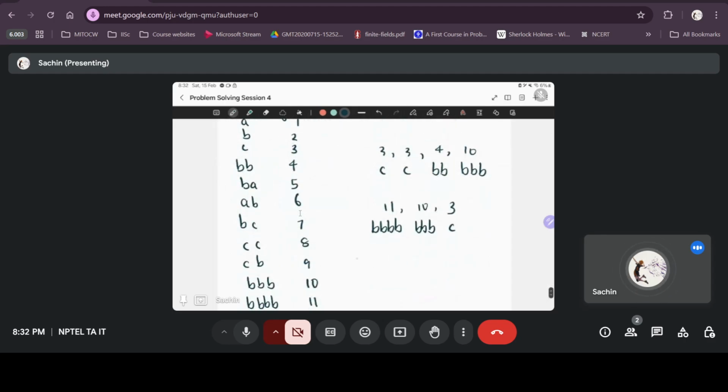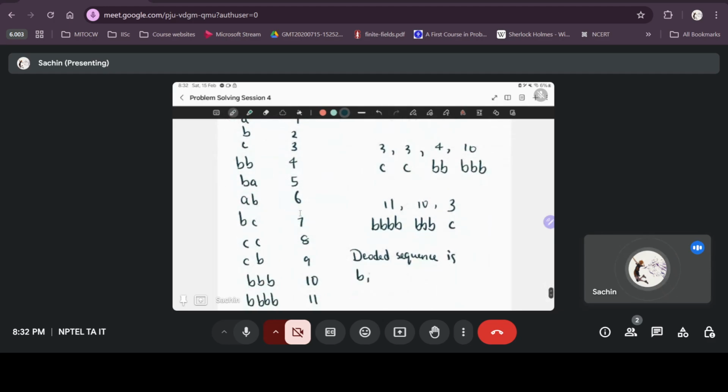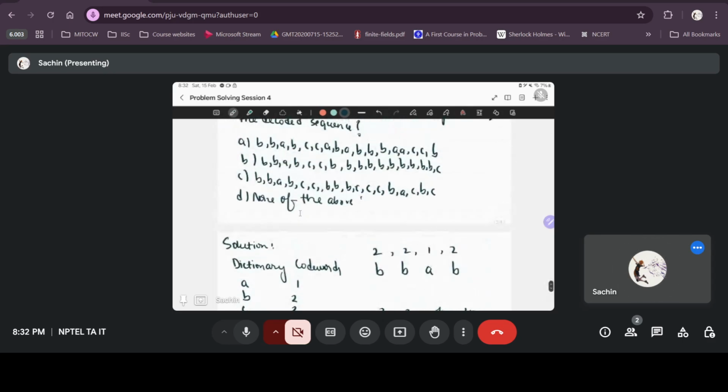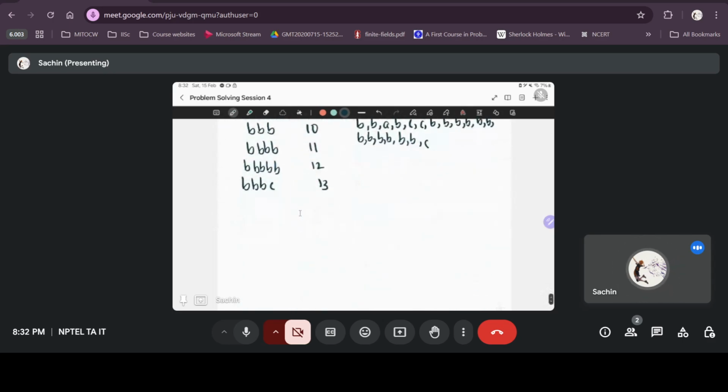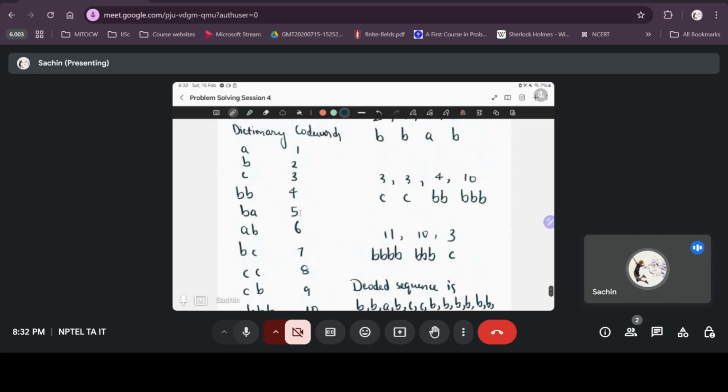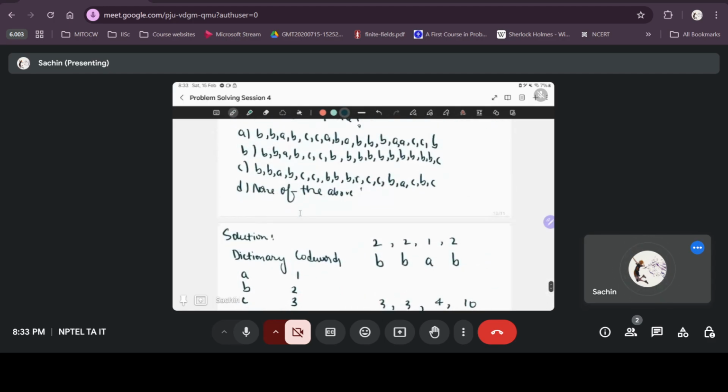So decoded sequence is BB, AB, CC, BB, BB, BB, BB, BB, BBC, which is option B. Sorry, is it option B?